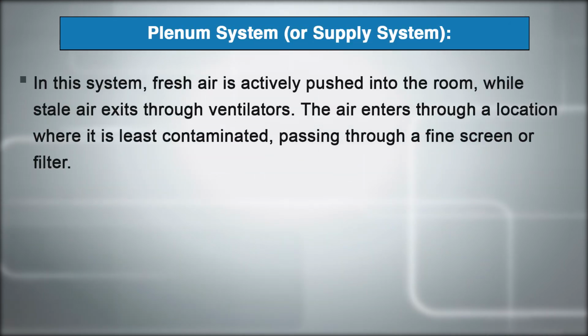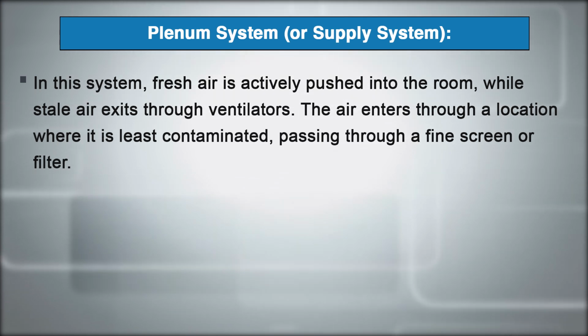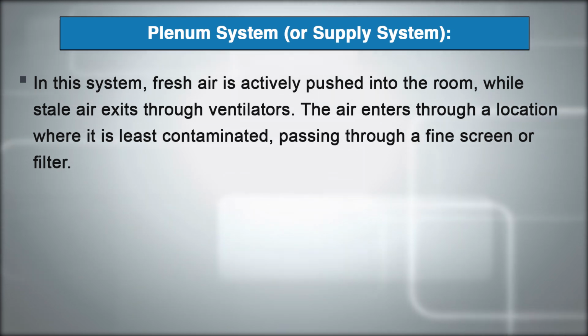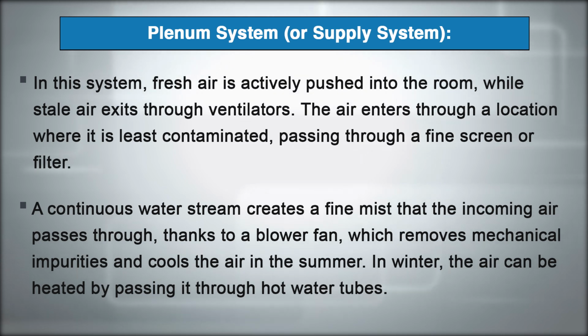In this system, fresh air is actively pushed into the room, while stale air exits through ventilators. The air enters through a location where it is least contaminated, passing through a fine screen or filter. A continuous water stream creates a fine mist that the incoming air passes through, thanks to a blower fan, which removes mechanical impurities and cools the air in the summer.